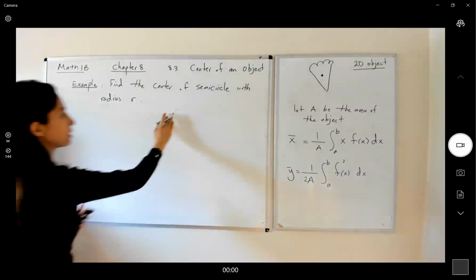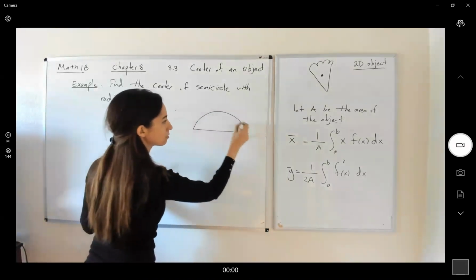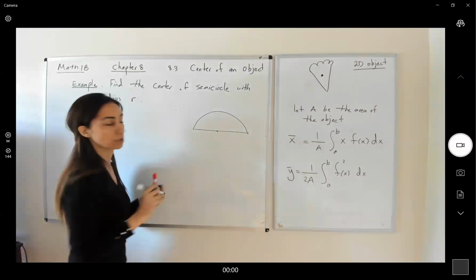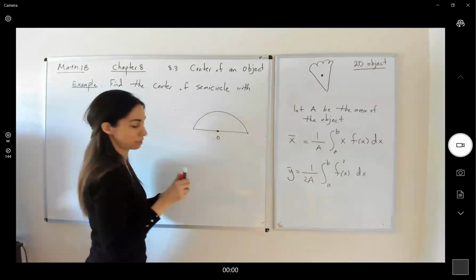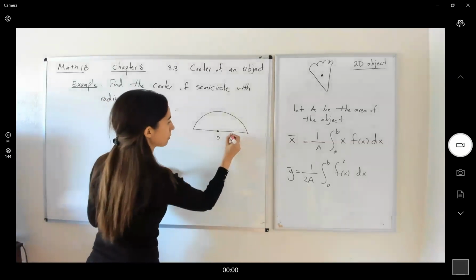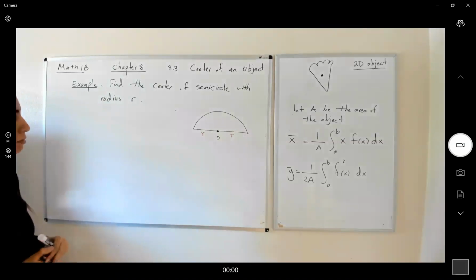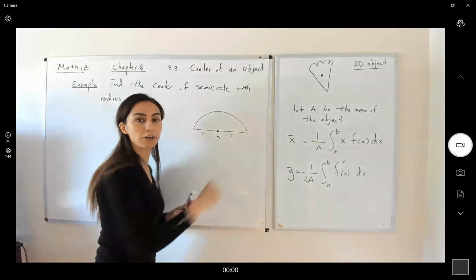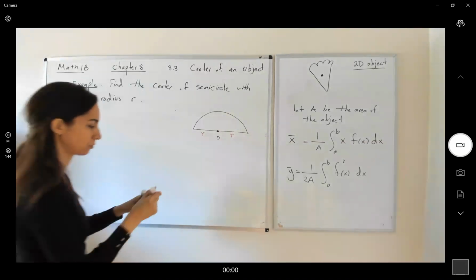So suppose you have a semicircle. This is your semicircle, and suppose it's located at the origin, the center is at the origin, and the radius is just r. Perfect. So we need to find x bar, and we also need to find y bar.